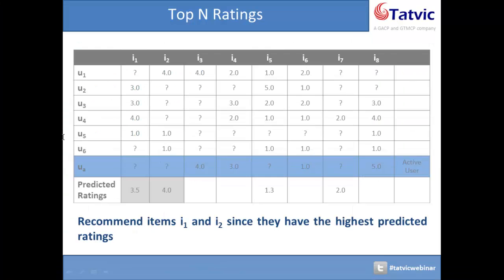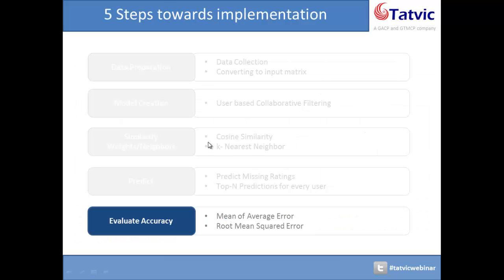So let me go back to the slides. Until now, we understand collaborative filtering and the algorithm, and also predicted the missing ratings and recommended the items.